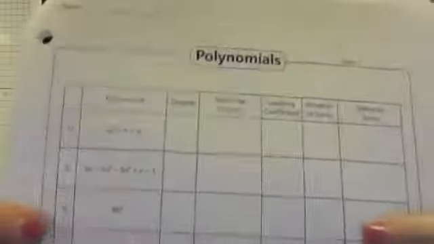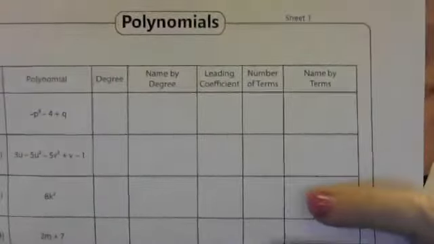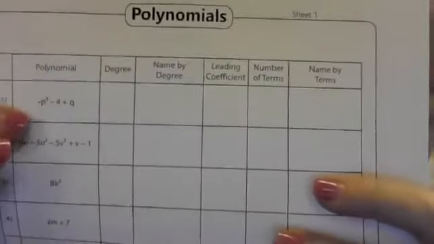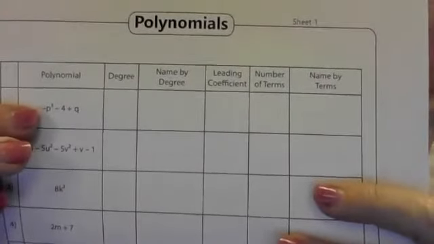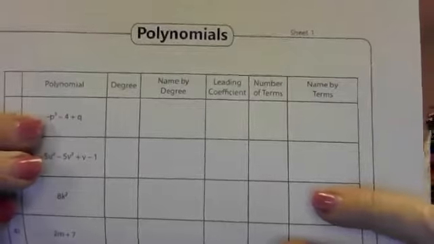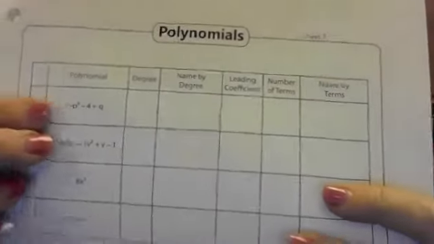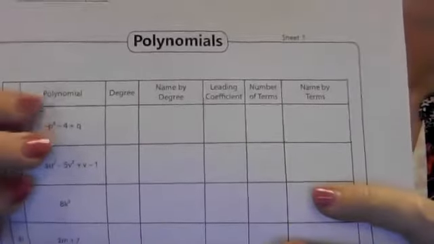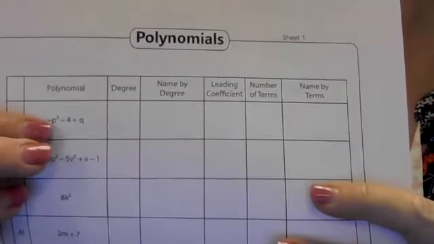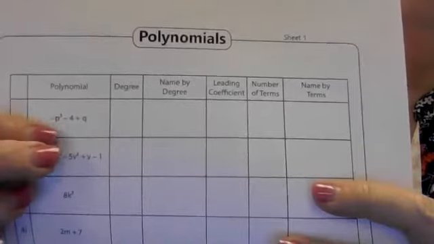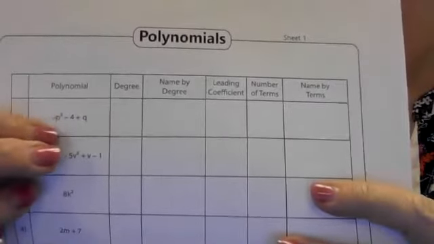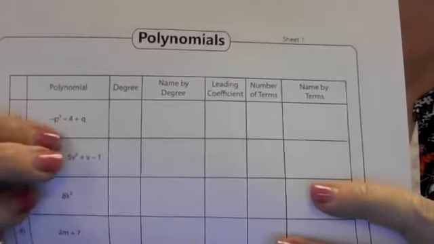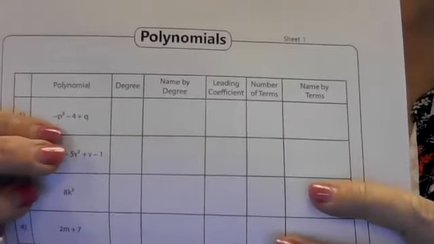All right, this one has a chart for you, and it gives you a polynomial right here. Now, it may or may not be in standard form. It doesn't give you any box in here where it says to write it in standard form. So underneath here in the box, I would make sure that this is written in standard form before you start.